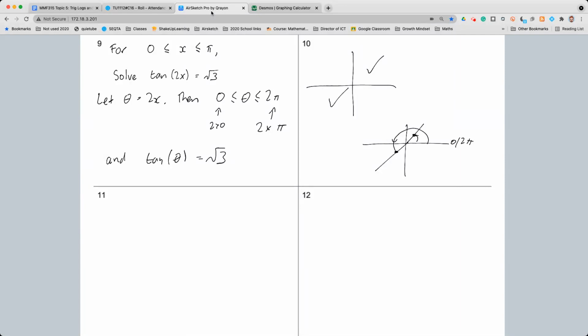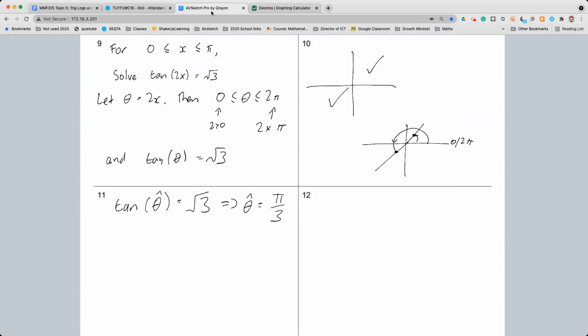We're not going to find x hat this time, we're going to find theta hat. So the tan of theta hat is equal to root 3. Theta hat is therefore pi on 3 on your chart.